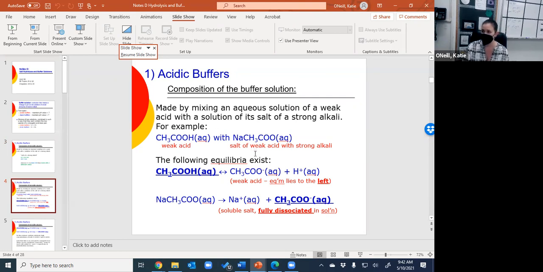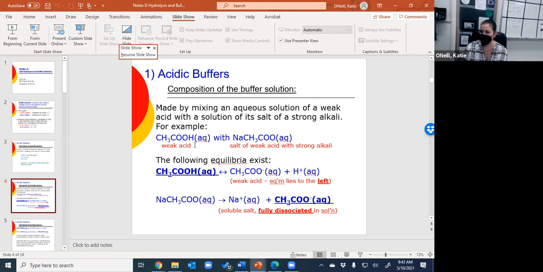And here's an example of a salt of its strong alkali. So the conjugate base is the acetate, and that's bonded with the sodium. We know that acetic acid is very weak, and therefore its conjugate base would be very strong. Right? That's like an inverse relationship there.